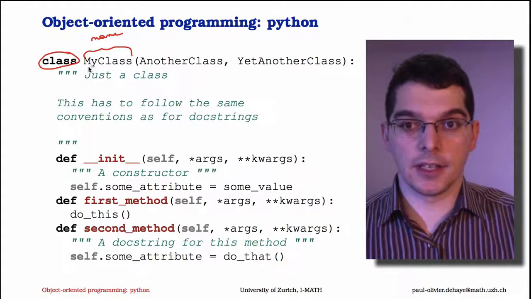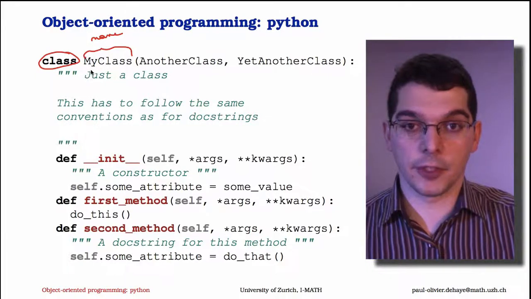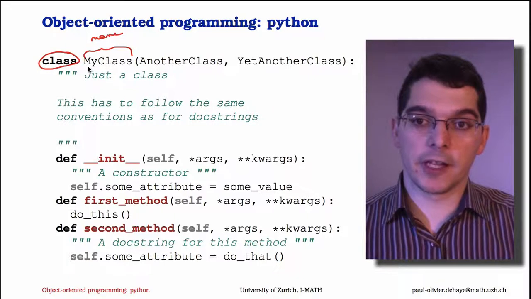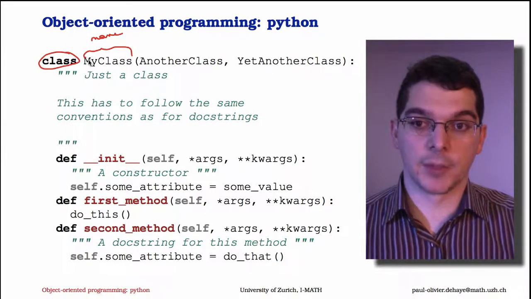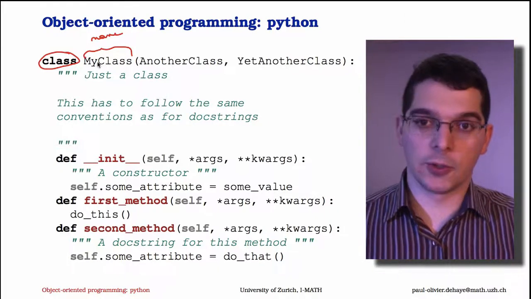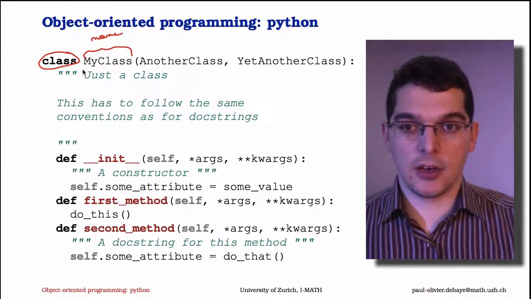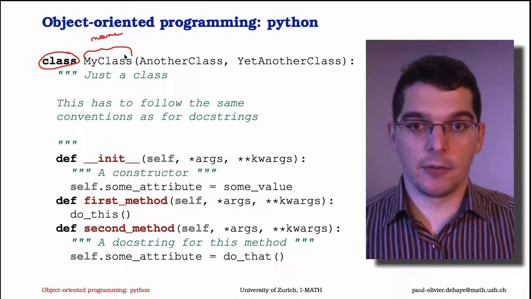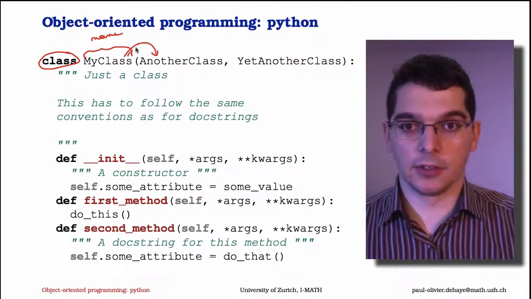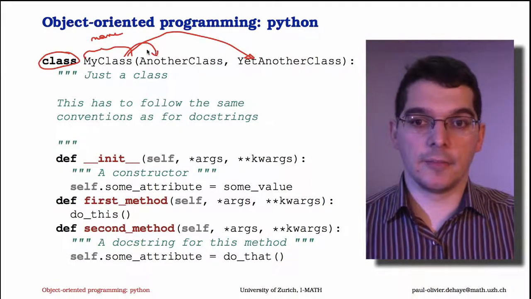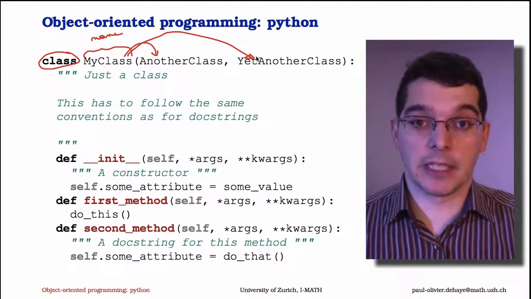And notice that unlike function definitions or variables, the name of a class should always use camel case. So this syntax where no underscore is used, but all the words are capitalized. Now, my class here refers to two other classes called AnotherClass and YetAnotherClass that it is kind of dependent on.